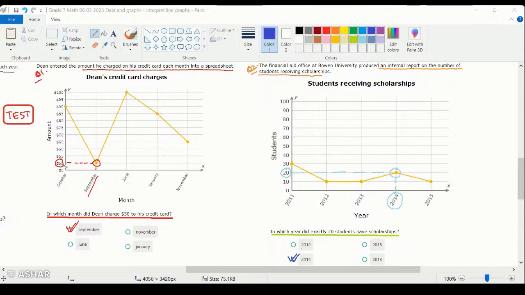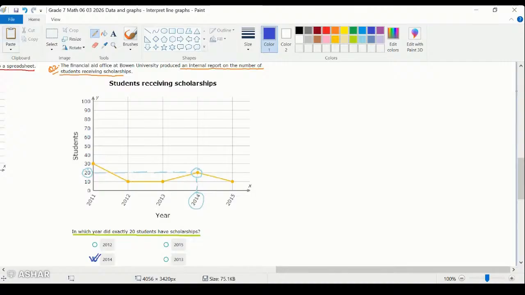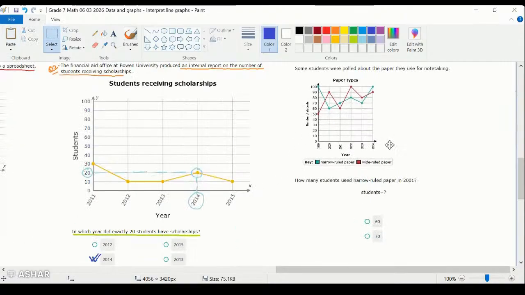Let's look at another question. The next question says, some students were told about the paper they used. Okay, we did a very similar question already. In this question, what we need to see is question number 3. The students are given a choice about what kind of paper they prefer using.